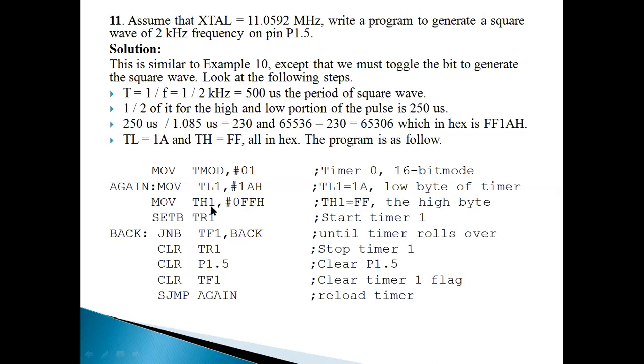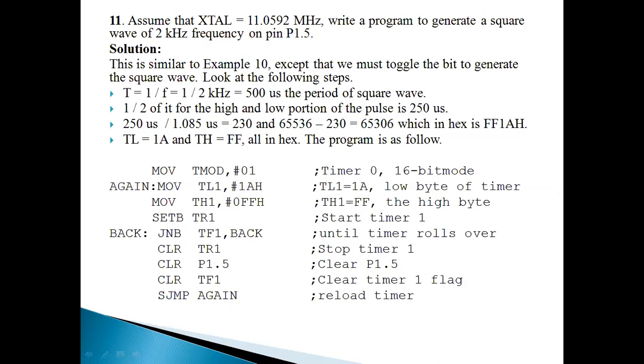So either this has to be 0 or this timer value has to be changed. Assume these to be TL0 and TH0 and start timer 0 with TR0. Monitor the timer flag, and once the flag becomes high, stop the timer, complement the pin P1.5, then clear the timer flag. Again, repeat the same process.